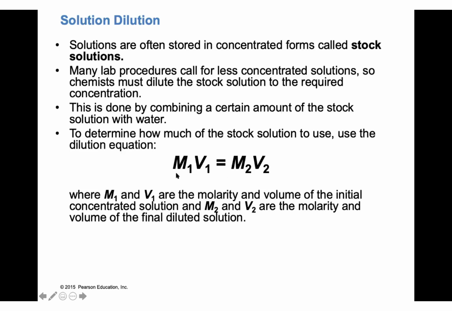So what is M here? M is molarity, capital M. If you remember, we learned that. V is volume. As you see here, M1 and V1 are the molarity and volume of the initial concentrated solution, and M2, V2 are the molarity and volume of the final diluted solution.